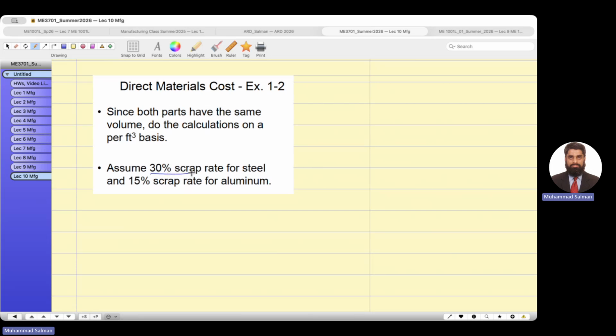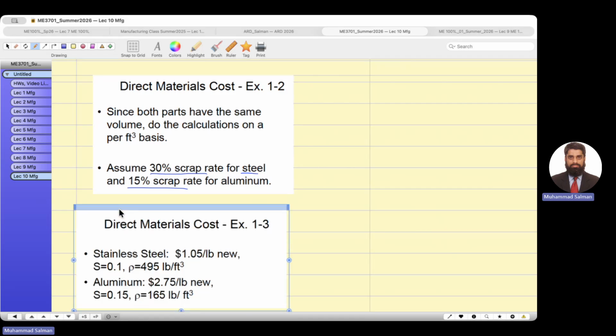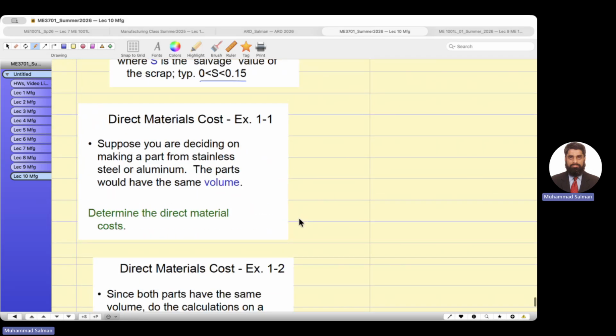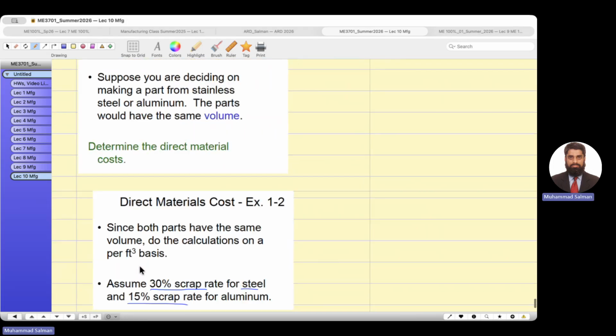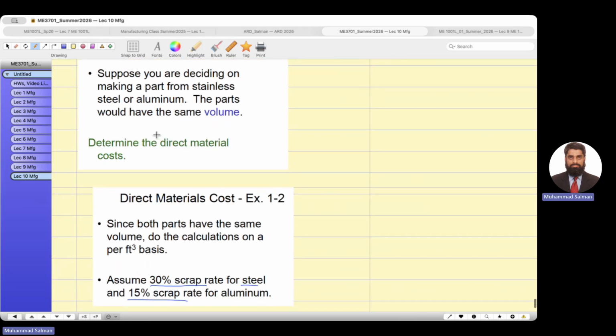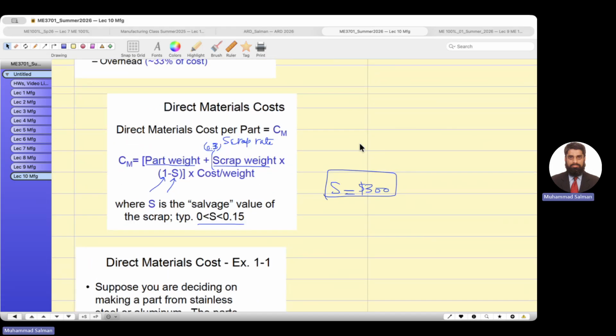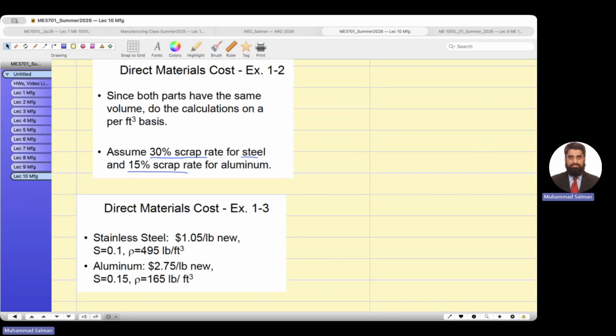Assume a 30% scrap rate for steel, 15% scrap rate for aluminum. So density, you can find out the weight from the density, because I'm interested in using this formula. Direct material cost: find the direct material cost using the formula above, CM. So let me write down this formula here. Yes, let me write down for you.